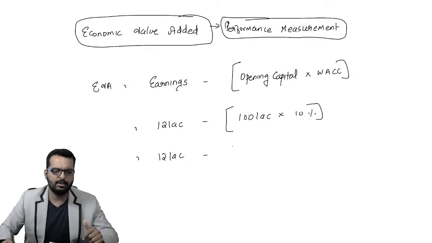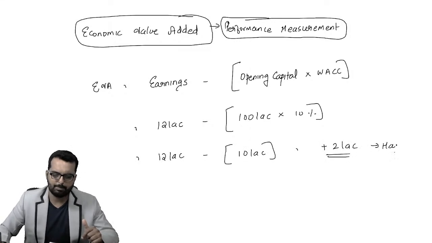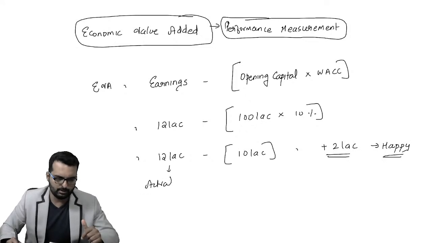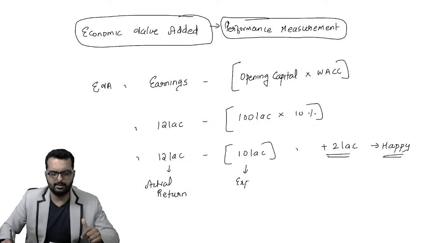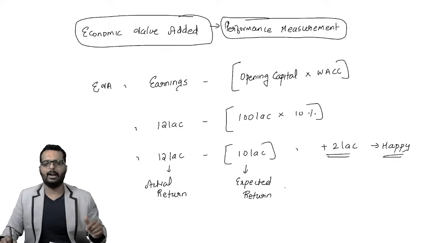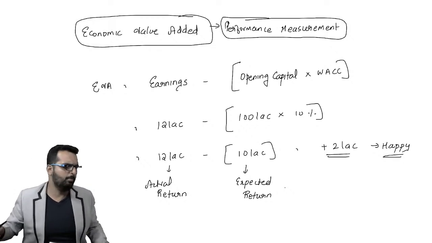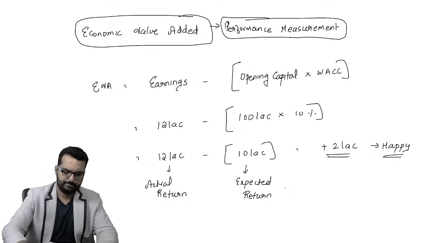So 12 lakh is the return you got, but you're expecting only 10 lakhs. You're getting the answer as plus 2 lakhs. If you get plus 2 lakhs, you are happy. This is your actual return, and this turns out to be your expected return. Just write down this, after which we will do the problem on EVA.